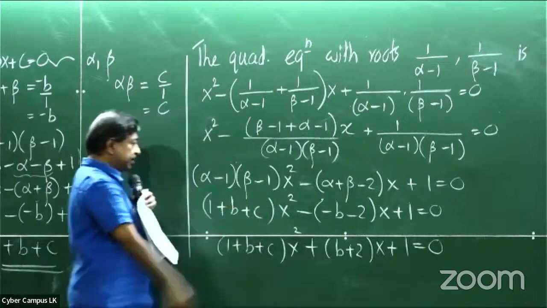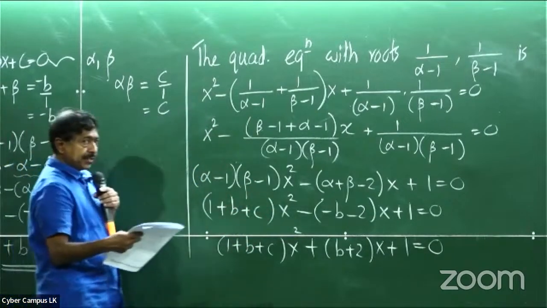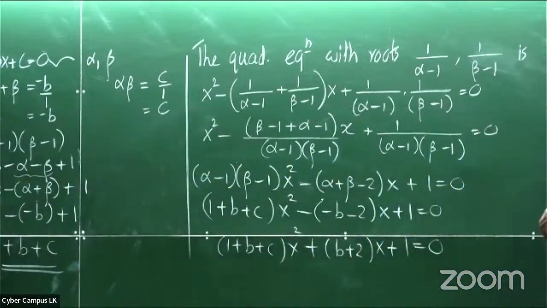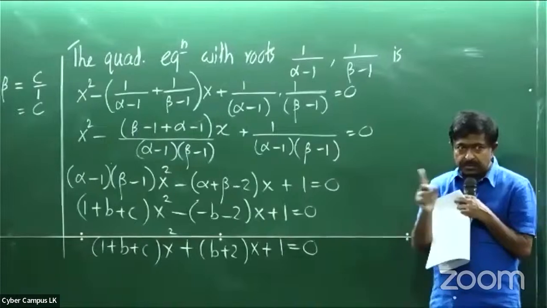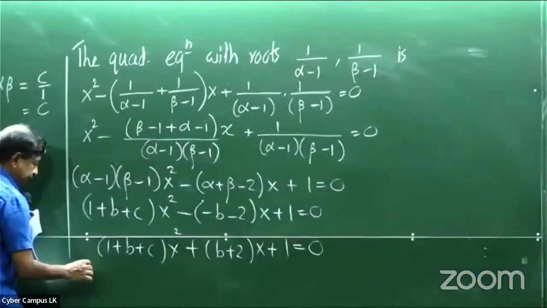Right. Okay, this is the equation we get. However, we need to state the answer like that. We need to show that the quadratic equation is in the form of gx equal to 0. Right? Now you can say that.